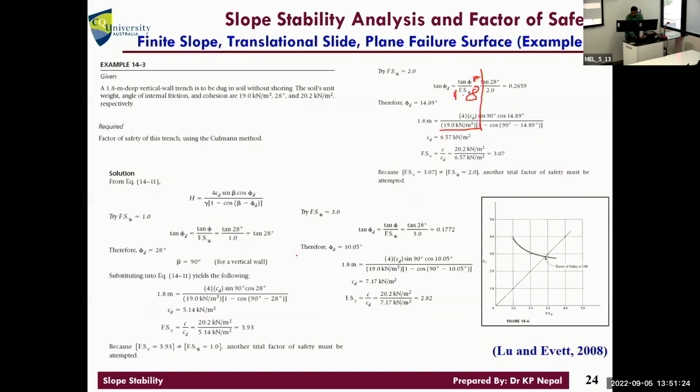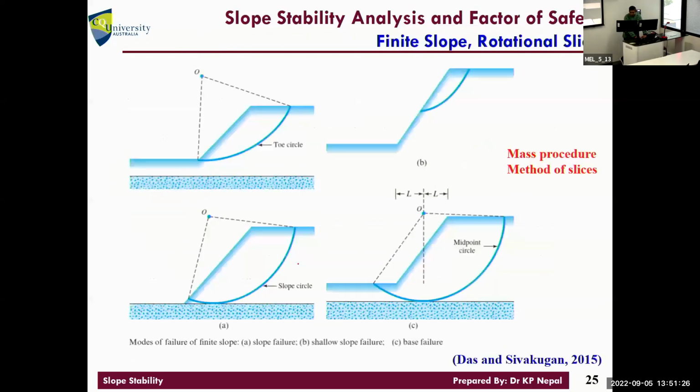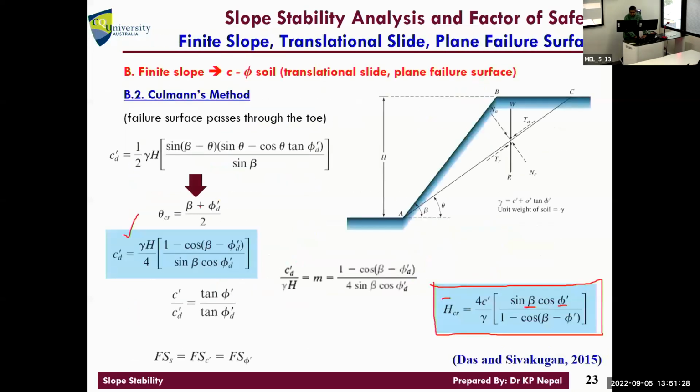Okay, I'll have a look at this a little bit more. So how we do it is, that's the one. So phi, beta, we need to use this. Okay, makes sense, right? Factor of safety 1 means that must be equal to that. So can we just use, what is C dash?